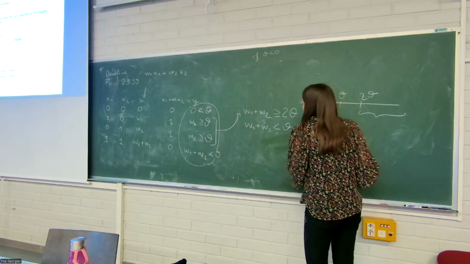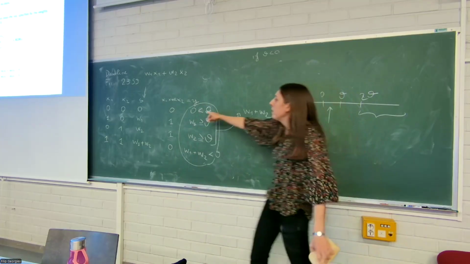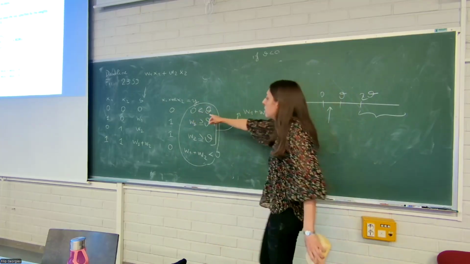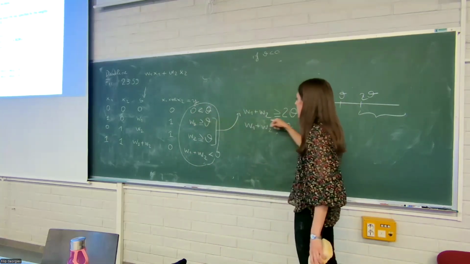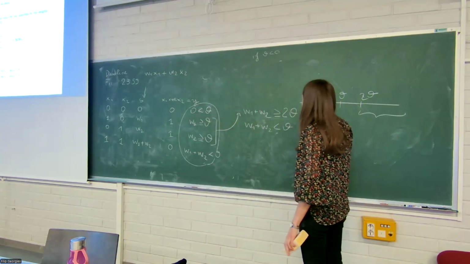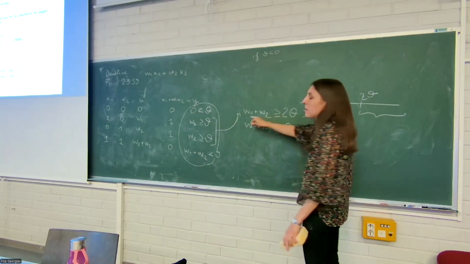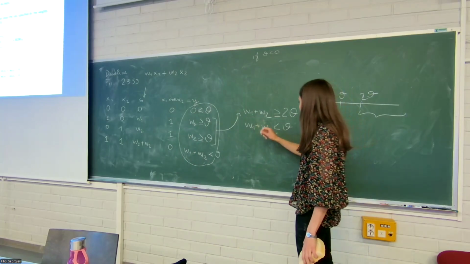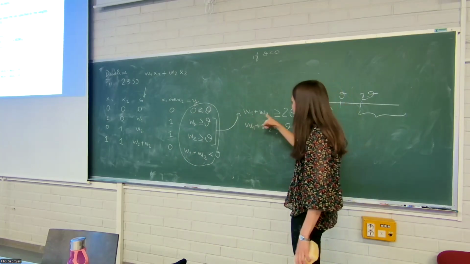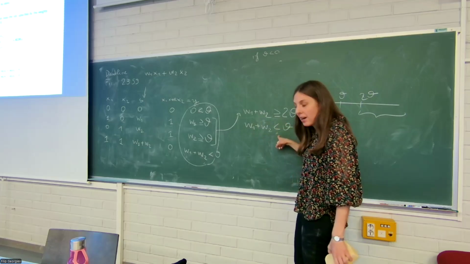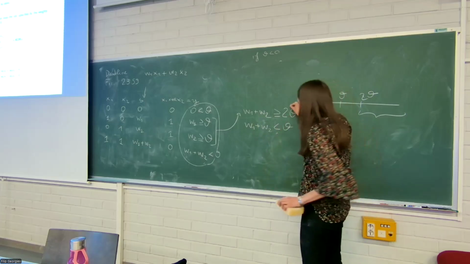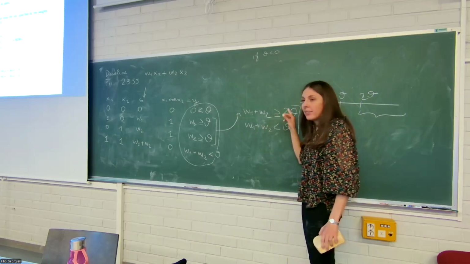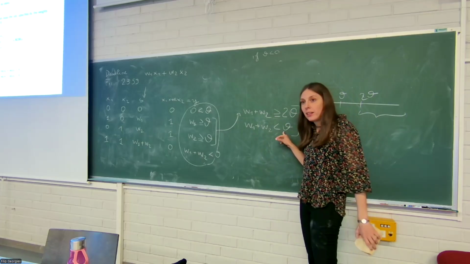You can see it also in this way. Since theta is positive, this condition combined with this tells me that the sum is positive. Let's consider just those two things. The sum cannot be greater than 2 theta and smaller than theta if theta is positive.